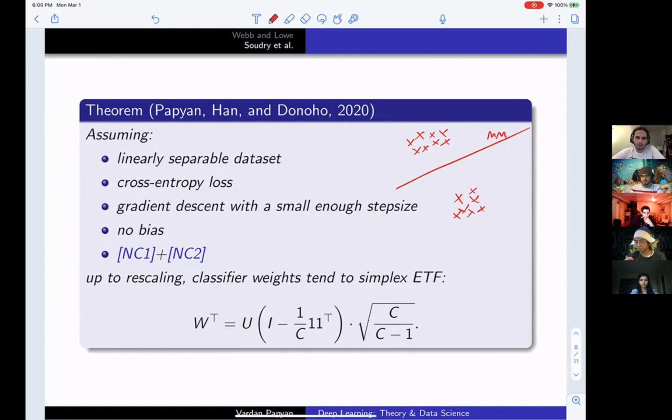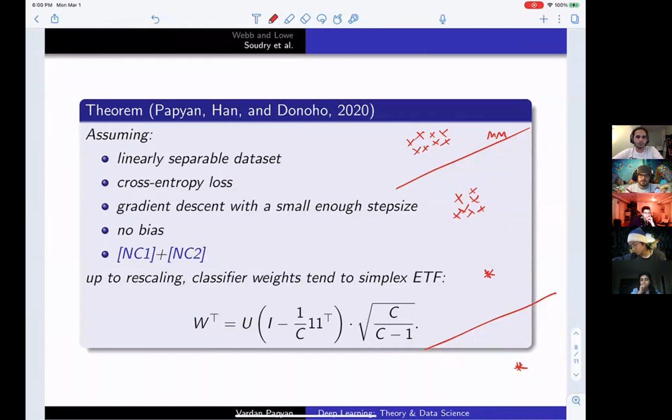But if you assume that your data is sitting on the vertices of a simplex ETF, then you can prove that the max margin classifier is also a simplex ETF. So in the case where you're allowed to optimize your features and to choose the optimal features, your classifier is going to converge to a max margin classifier, which is also a simplex ETF.